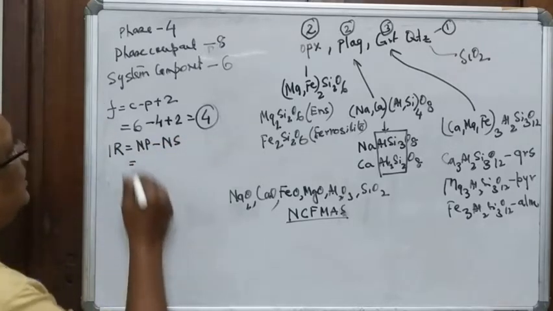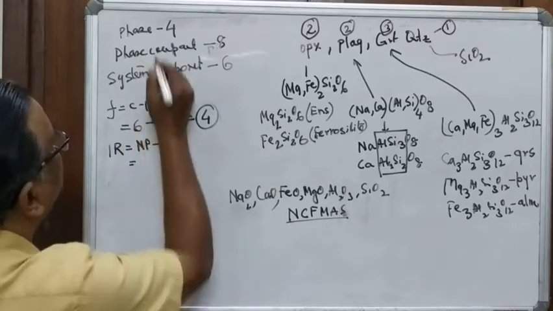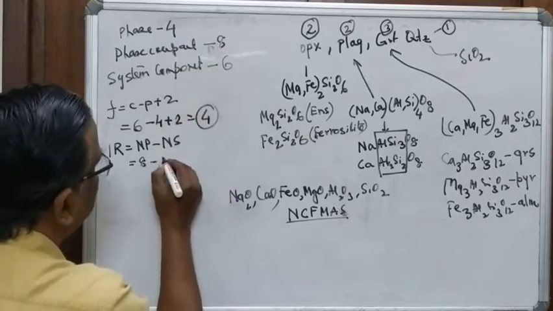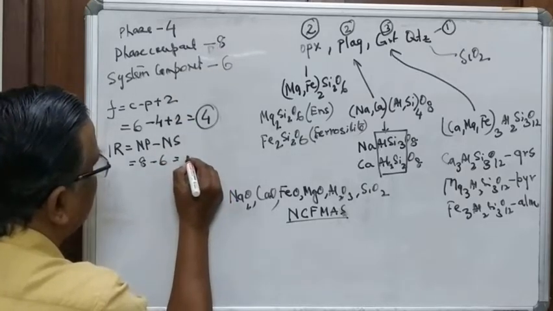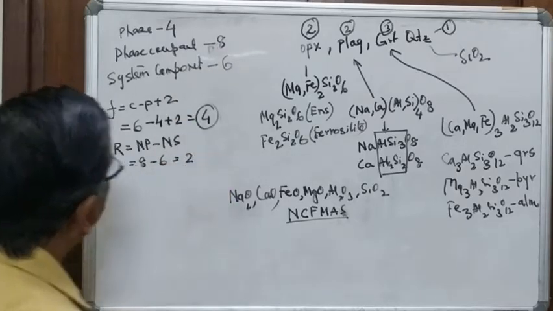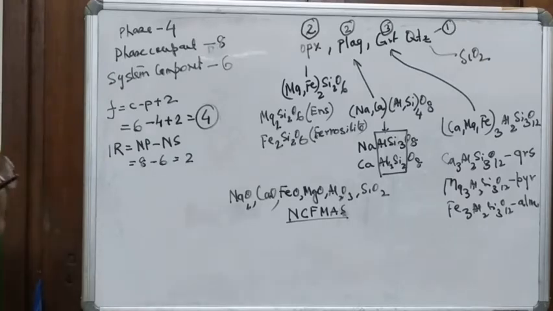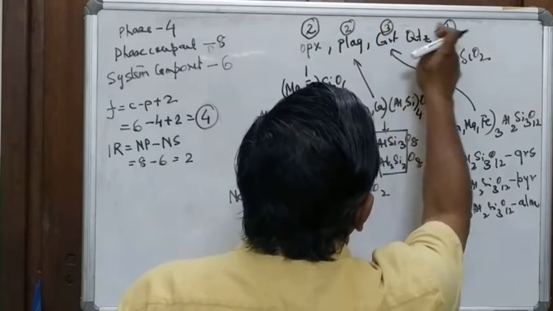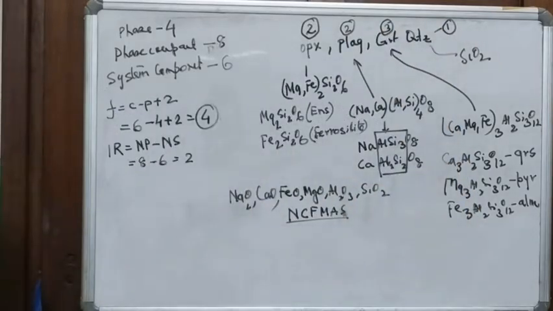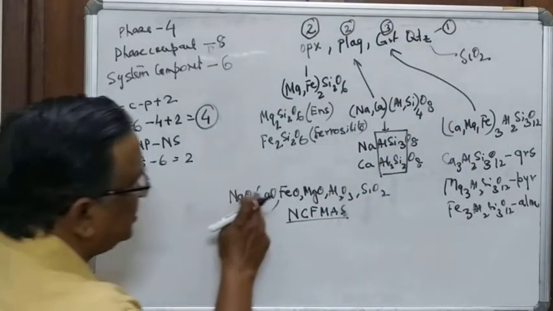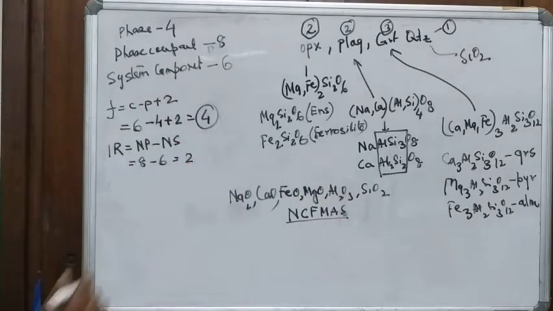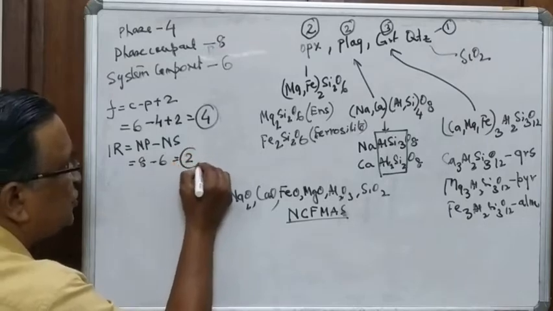Phase components are 8, minus system components 6. So independent reactions are 2. Have I got this right? Phase components, 2 plus 2 is 4, plus 3 is 7, plus 1 is 8. And the system components, NCFMAS, 6. So the number of independent reactions is 2.